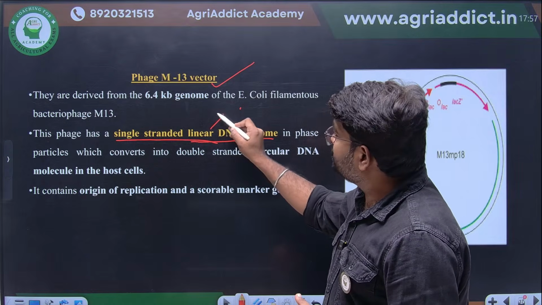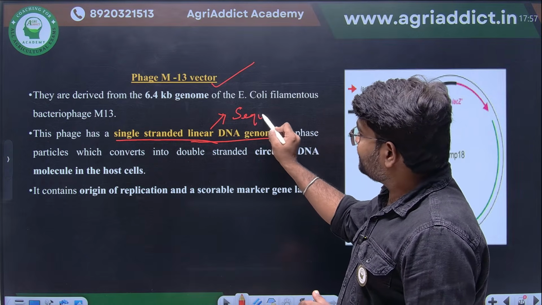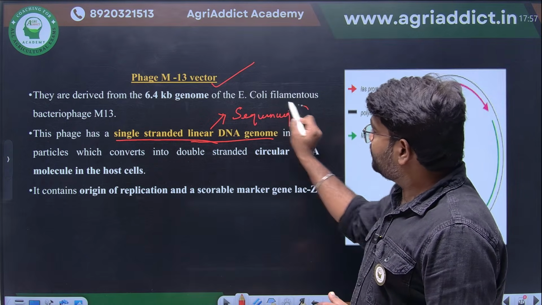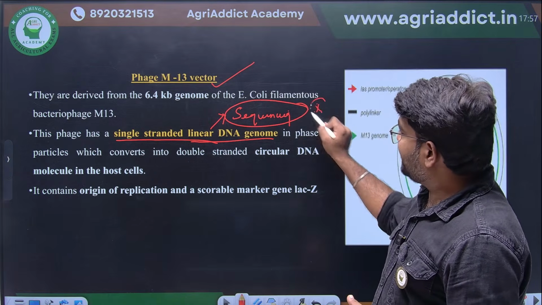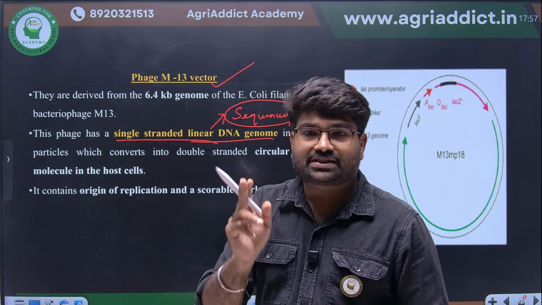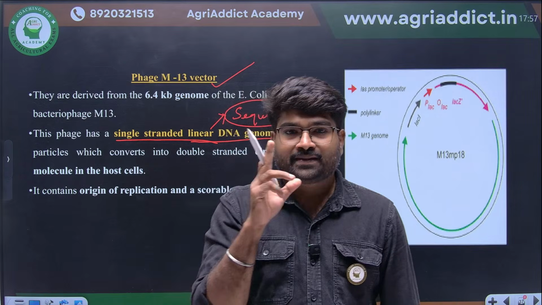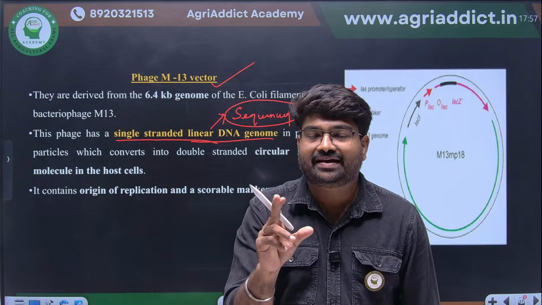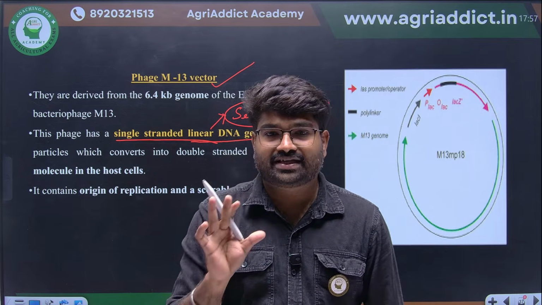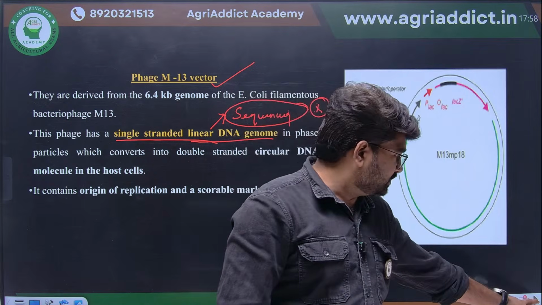This can be used in sequencing. This is the objective point they can ask. So M13 vectors are specifically used for sequencing purposes, synthesizing single stranded linear DNA genome for sequencing. This is the most important thing.